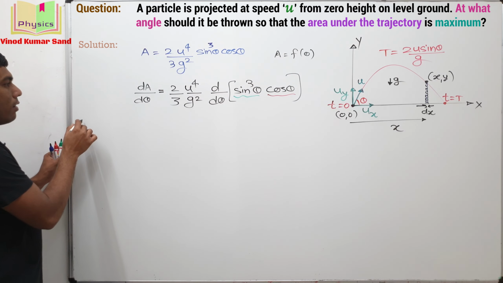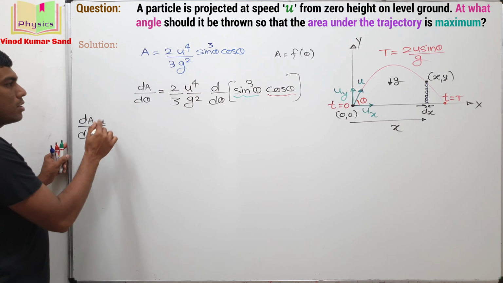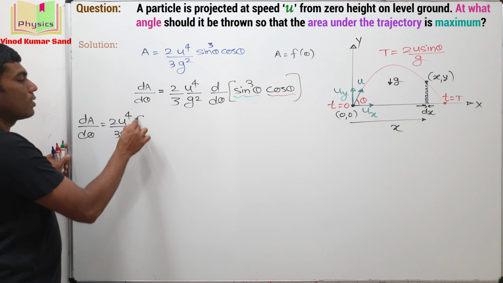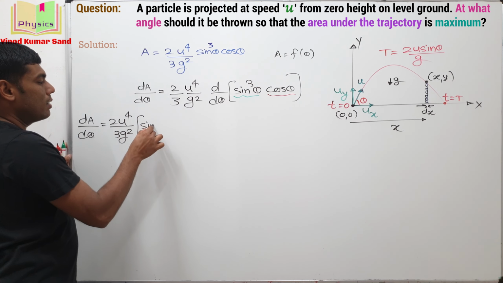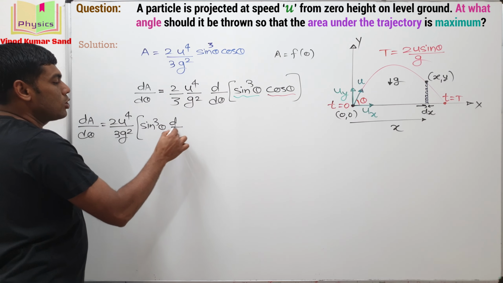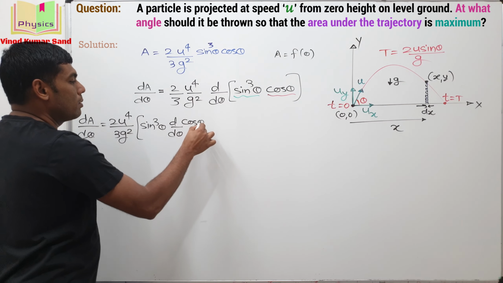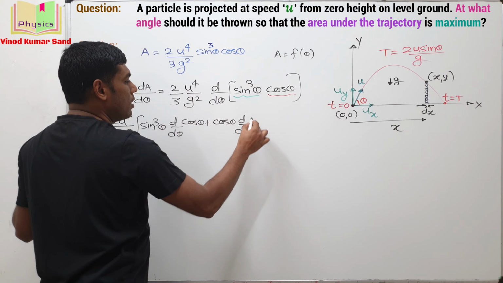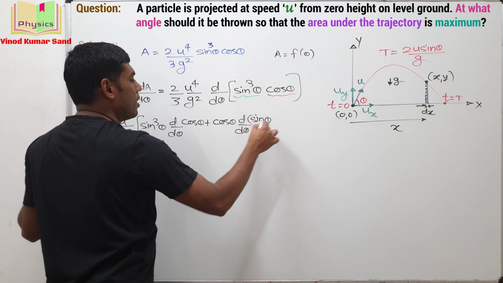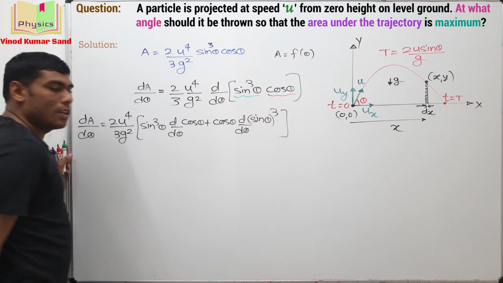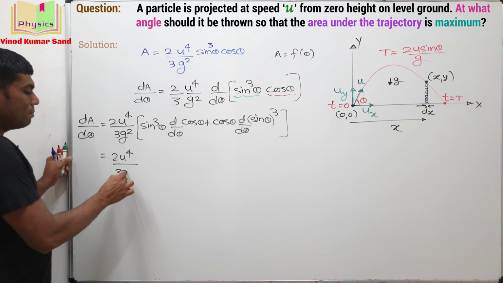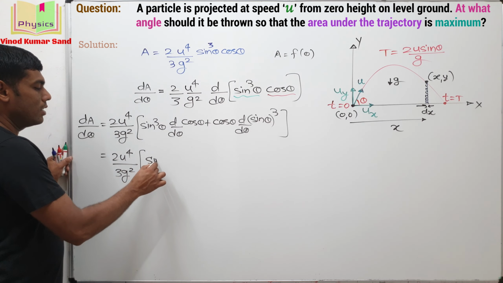I'm proceeding here for the differentiation further. dA by d theta, this constant term has been kept aside, 2u4 by 3g square. Keeping the sine cube theta and differentiating the cos theta, plus keeping the cos theta aside and differentiating the sine cube theta. Is it okay? You might remember the results. Speak up, what should we write next?